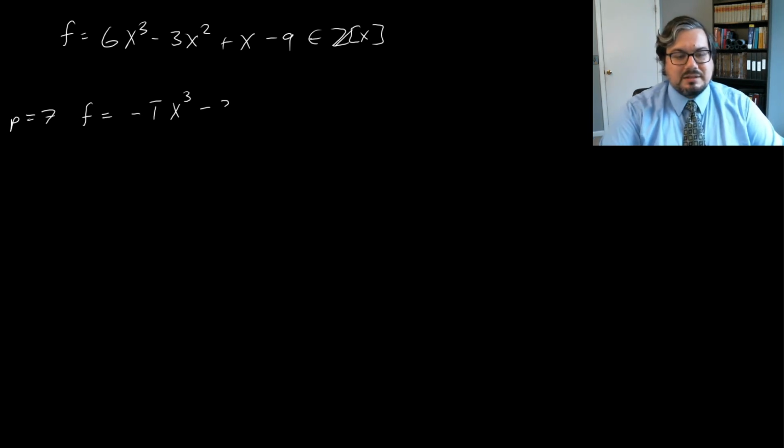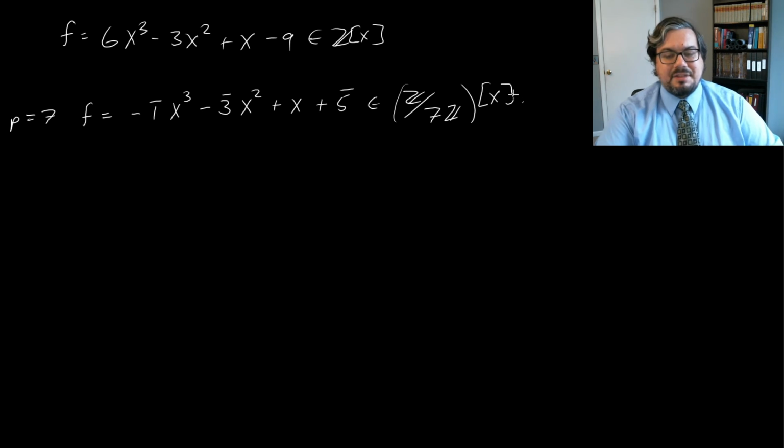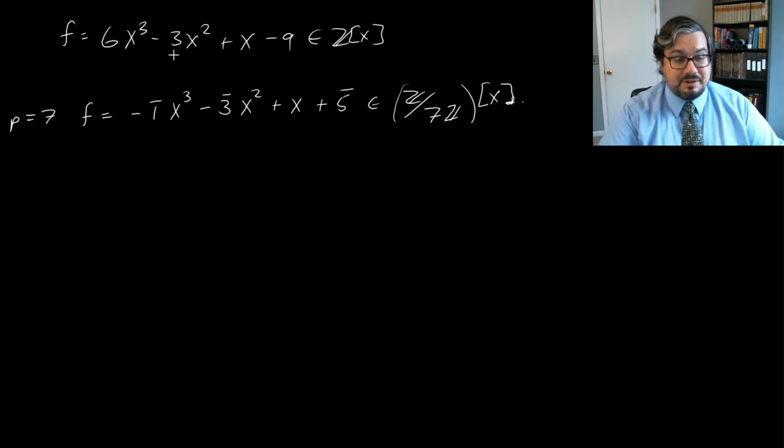Negative 1 bar x cubed minus 3 bar x squared plus x plus 5 bar inside Z mod 7Z adjoin x. Now, if this happens to be irreducible, then that will tell us that the original polynomial is irreducible.